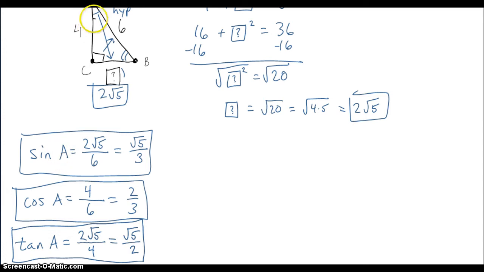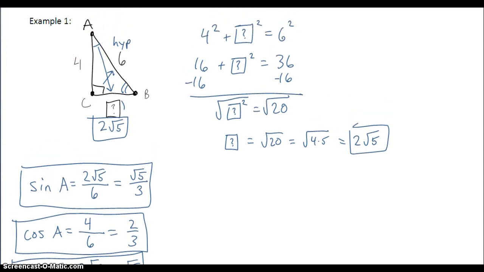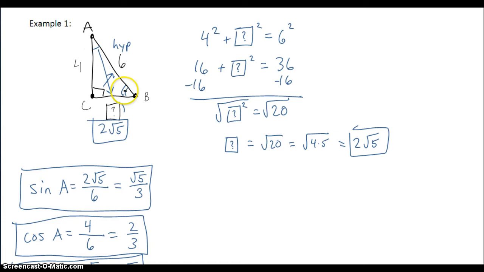Now if I switch angles to angle B, if I look at the sine of angle B, sine is still opposite over hypotenuse. Now if I look at this triangle, when I switch to angle B, my hypotenuse doesn't change, it's still 6. But what does change is my opposite and adjacent side.